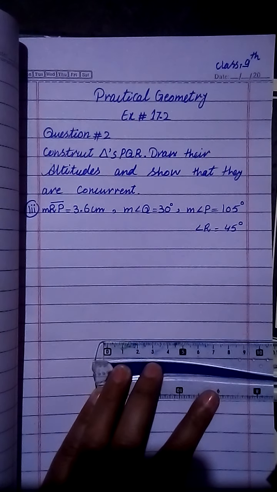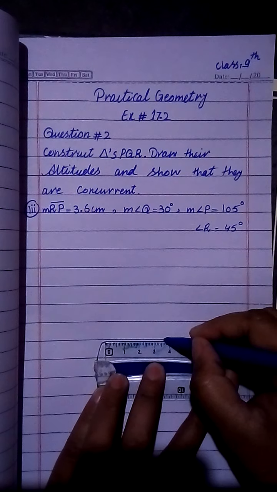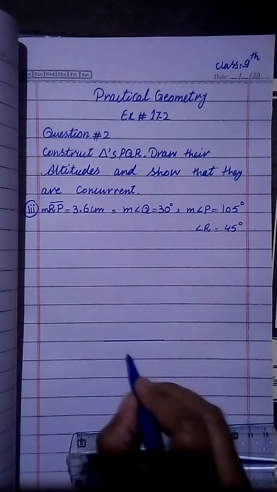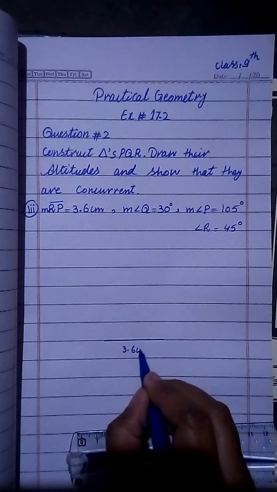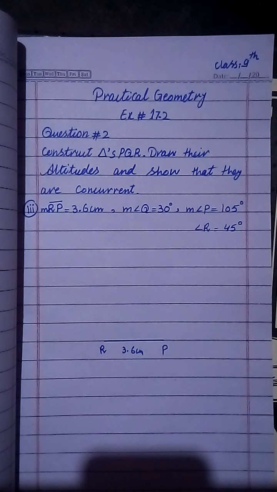So after 3 you will count 6 lines here, like this from 0 to 3.6. Now 3.6 centimeter, and its name is R and P. Now at point P you will construct the angle of 105 degree. In this question I will construct this angle with the help of protractor.